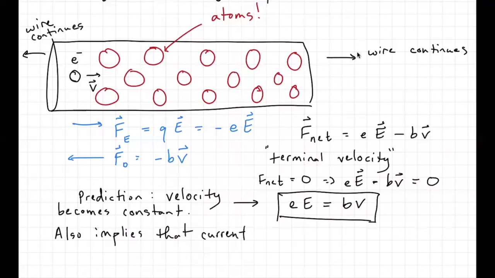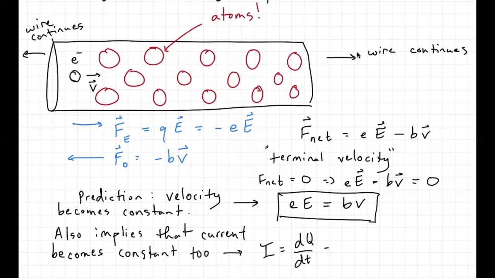Because current is a measure of the rate of flow of charge, I'm going to write an equation down. So I is dq dt, the rate of flow of charge.